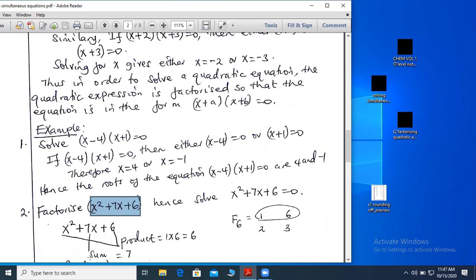So like we have been doing, we have x squared plus 7x plus 6. The product of the factors is going to be 1, the coefficient of x squared, times 6, which gives us 6. And the sum is just going to be 7. I think you agree with that.